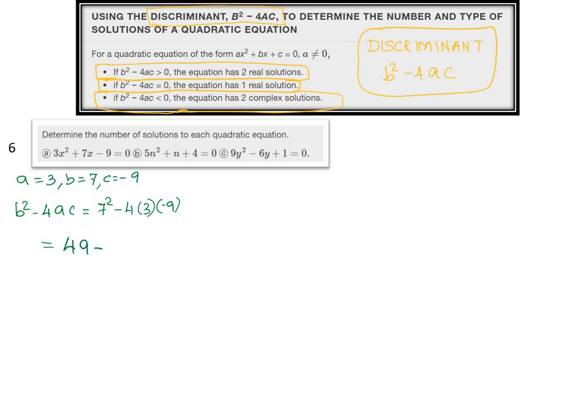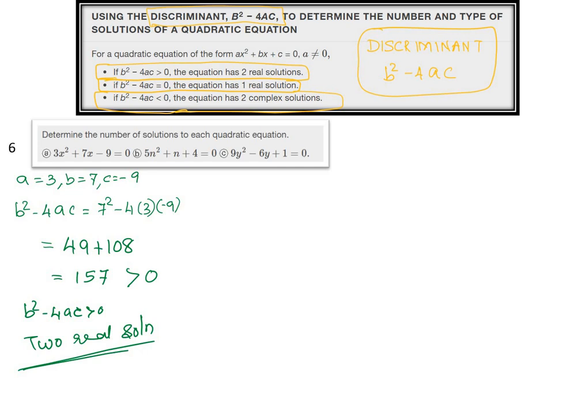That is 49 plus 108, since double minus becomes positive, which is 157. The value doesn't matter, it is positive. Positive means we have two real solutions, and the solutions will be unequal. That is the nature.